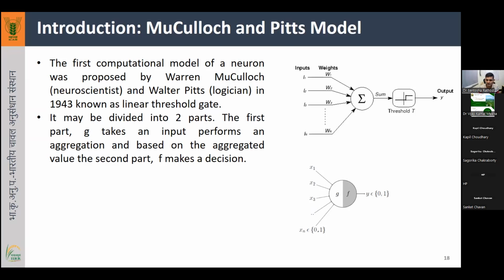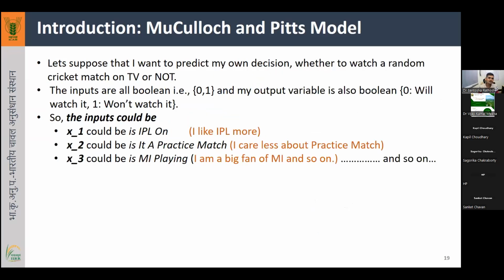This is the first neural network model, and let me explain it with an example. This does not have any distribution or normality assumption; it is totally based on our own convenient assumptions. Suppose today I want to decide whether to switch on the TV or not. What are the different conditions when I will switch on the TV?